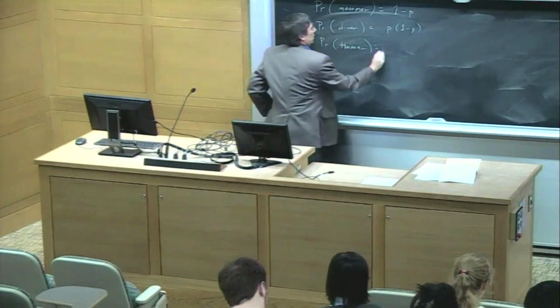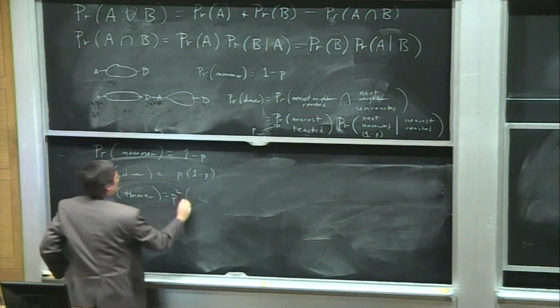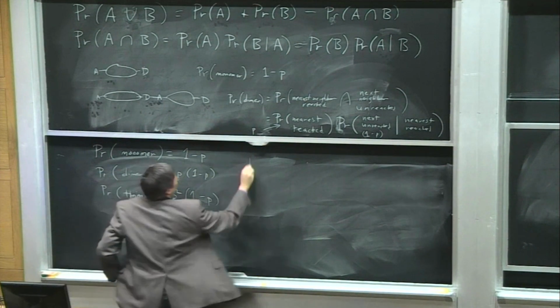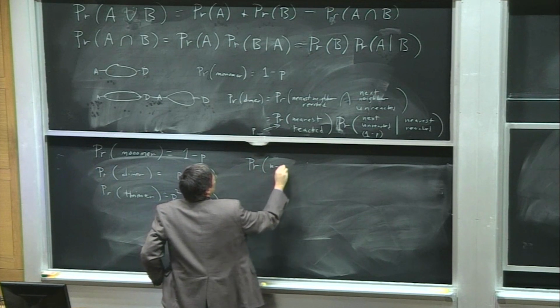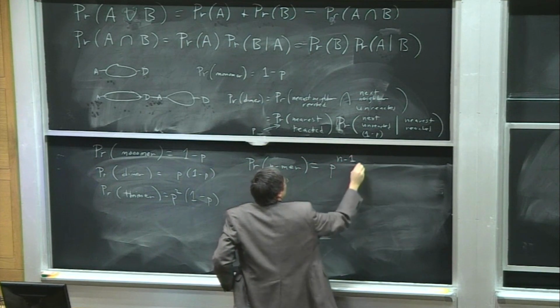P squared times 1 minus P. And in general, the probability of being an n-mer is equal to P to the n minus 1 times 1 minus P.